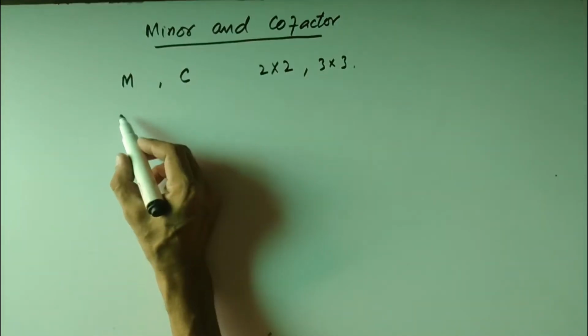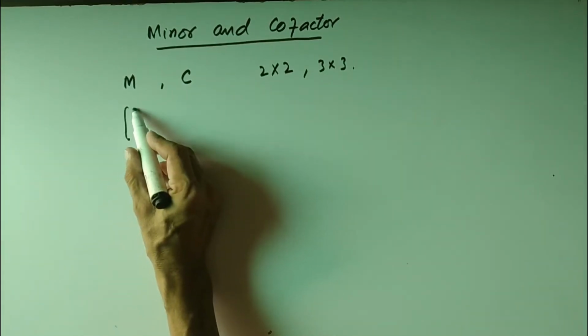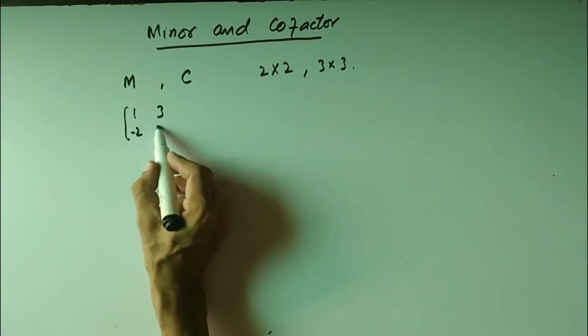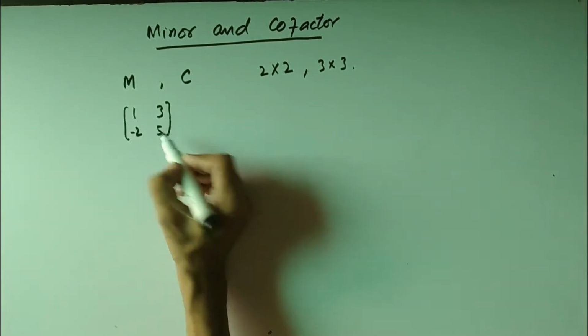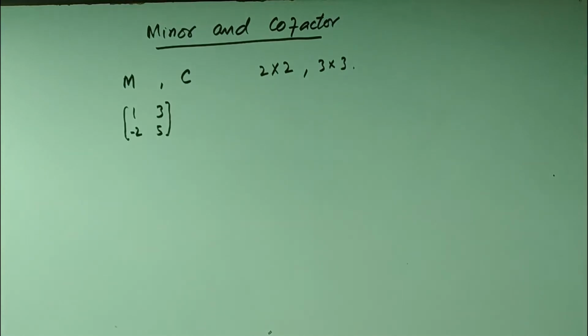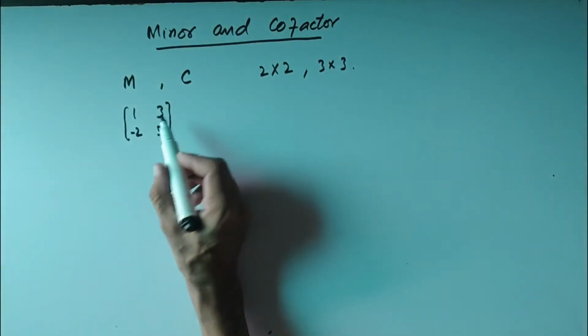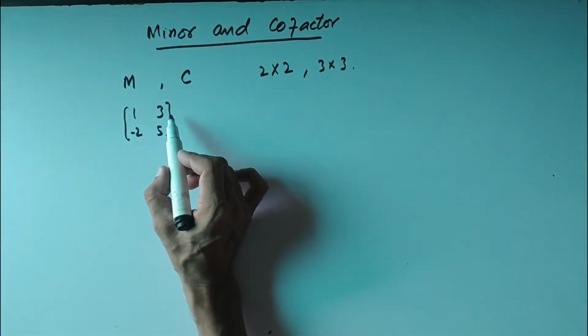In a 2 cross 2 matrix, like 1 3 minus 2 5, we have to find the minors and cofactors. In a matrix, every element has an address.